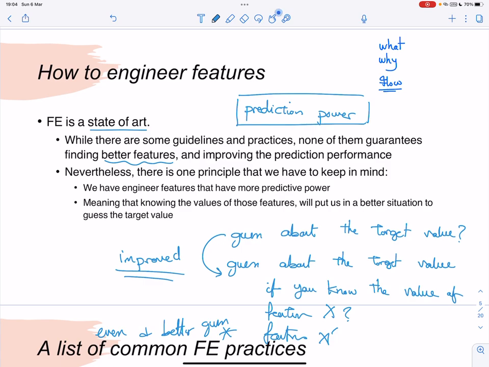So this is the principle. We have to keep it in mind. We have to keep the prediction power in mind, and this is a very good intuitive understanding of prediction power.